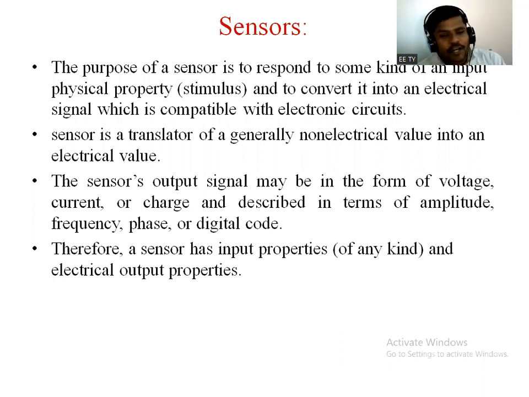A sensor has an input property like a quantity. A sensor has an input property like a condition. Condition in the sense of momentum, movement, velocity, or displacement. If one object is displaced from another object, it is one type of momentum or displacement. So it is one condition.